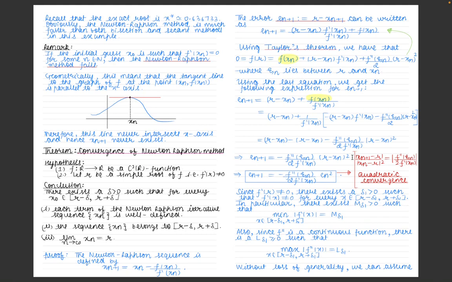So as n goes to infinity, you see that this actually is a quadratic convergence in disguise. So the Newton-Raphson method works better than the secant method because it has quadratic convergence, whereas the secant method has convergence of order 1 plus root 5 by 2, which is the golden ratio.